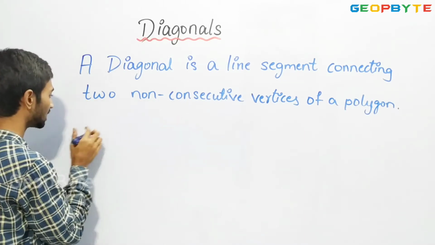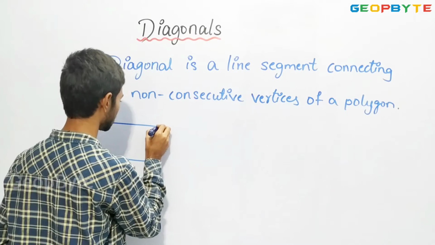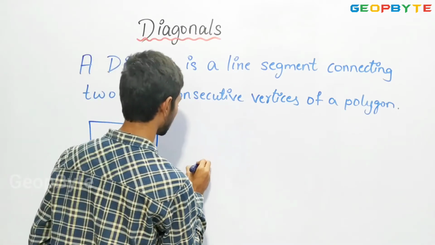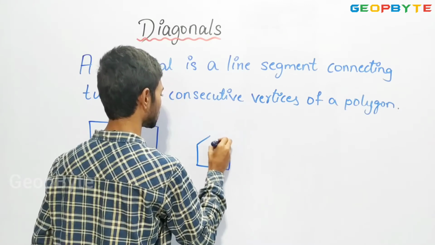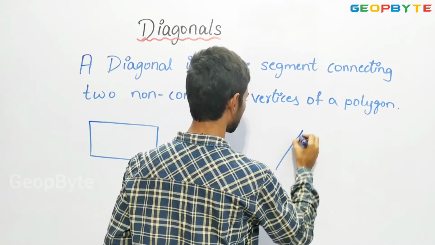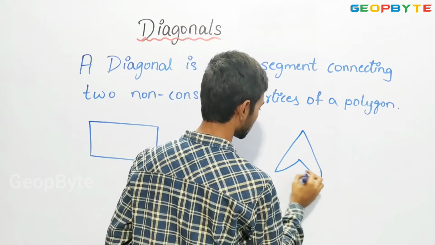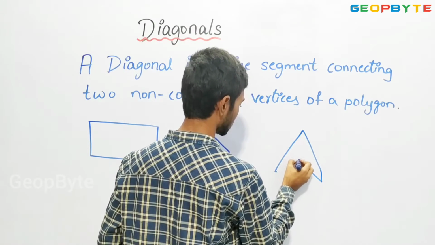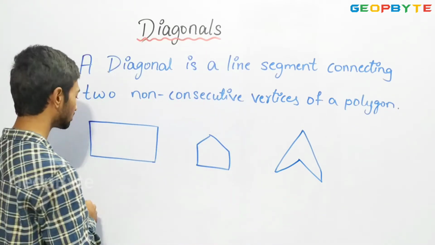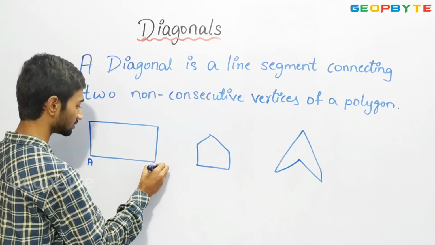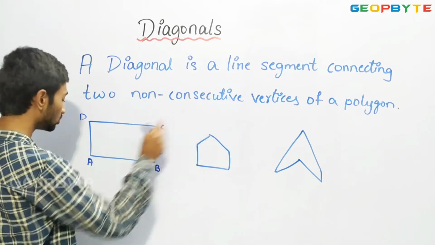For example, let us draw some figures. Here we have drawn three figures, and let us draw diagonals for them. Here A, B, C and D. Here consecutive means side by side.